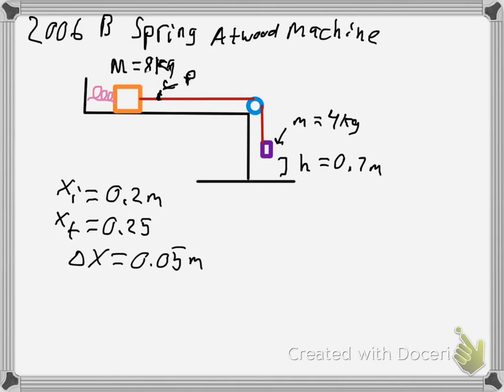Okay, we're given the height, 0.7, and the other important thing is that it says it's in equilibrium.